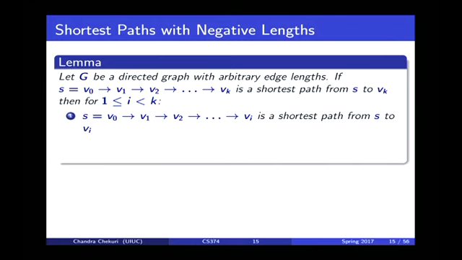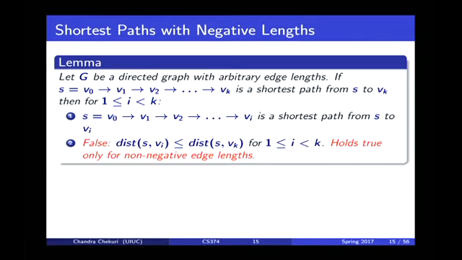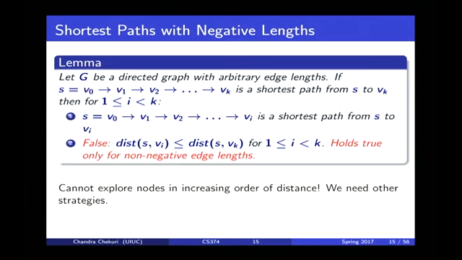The only difference is that we cannot say the distance to Vi is less than the distance to Vk, right? So this means that we cannot explore the graph in increasing order of distance from the source if the lengths are negative.